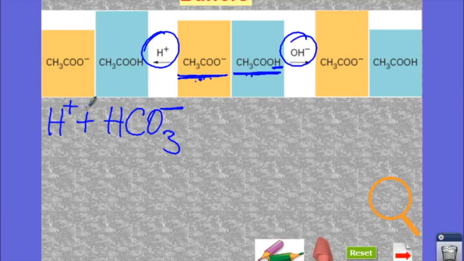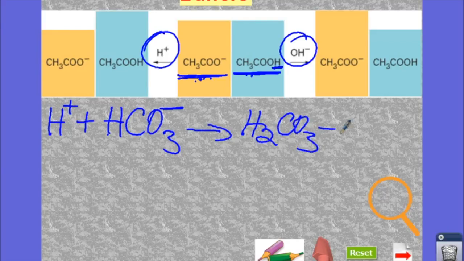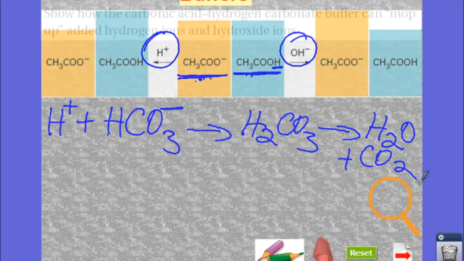In your kidney, the kidney will take care of this, react with the H plus to produce H2CO3, which will decompose into water, and guess what, you produce carbon dioxide gas. So the bicarbonate produced by your pancreas will take care of the excess acid in your blood.